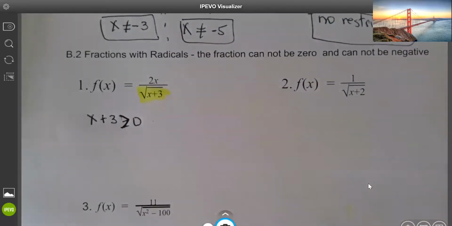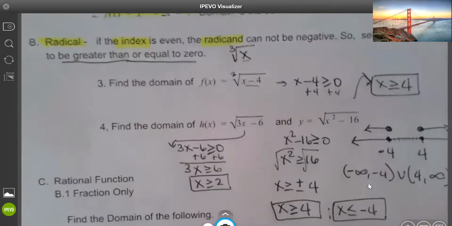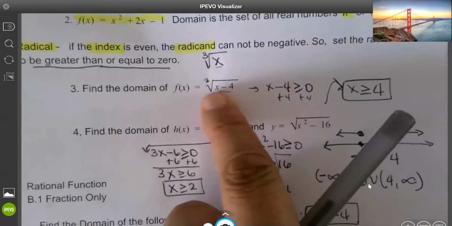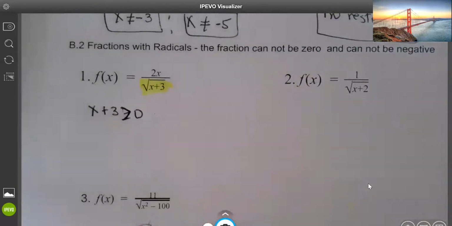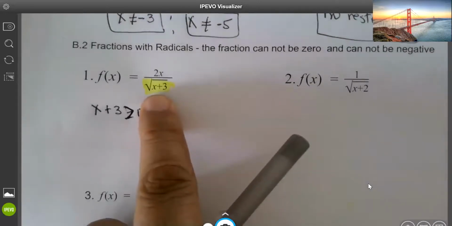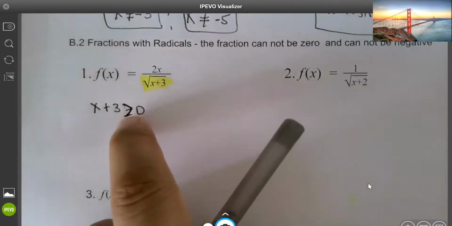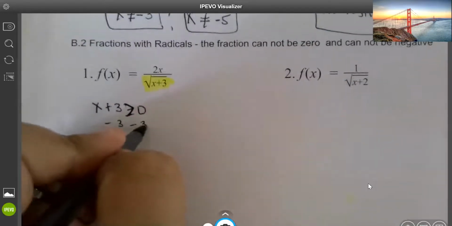Going back to the first page a while ago, if it is just a radicand, it's not a fraction, okay, it is greater than or equal to 0. But if the radical is appearing in the denominator, you set that one to be just greater than 0. So minus 3, minus 3.